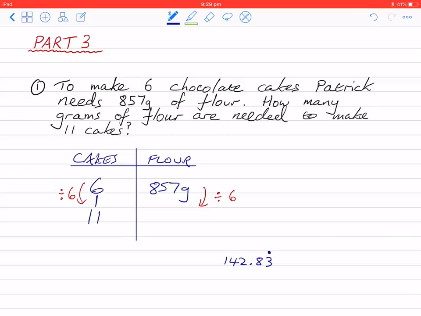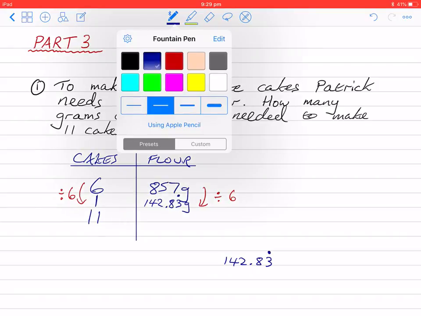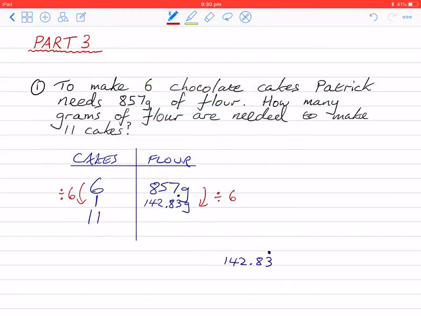So I'm going to write this in here, 142.83 recurring grams. And then we're going to change 1 cake into 11 cakes. We're going to times by 11. I'm going to times by 11 here.